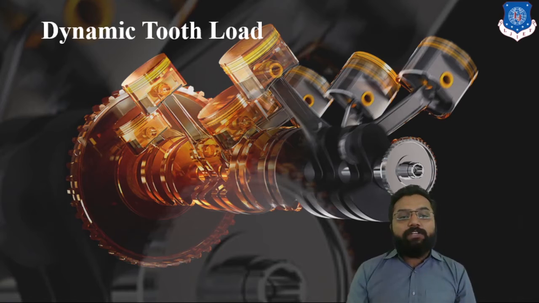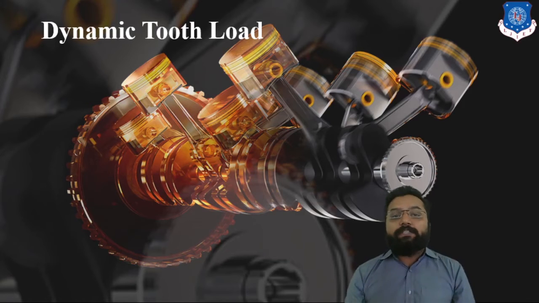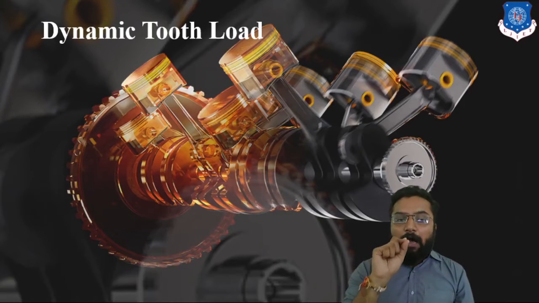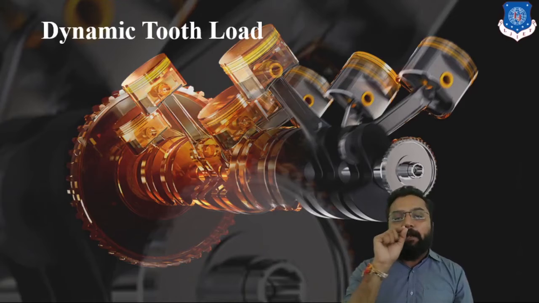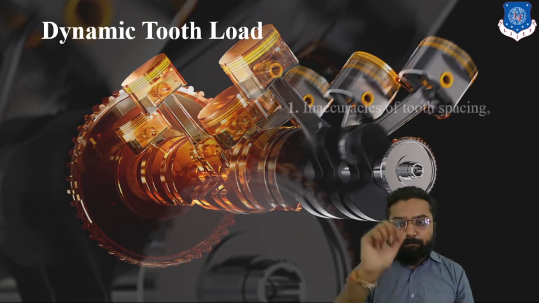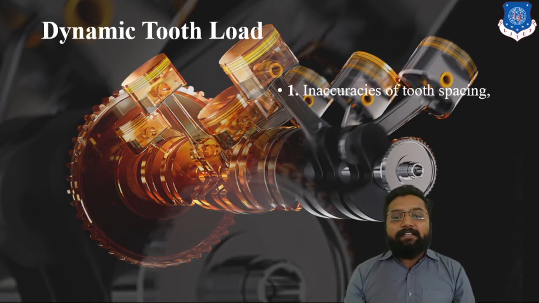The working stress is your real stress, which always acts in working conditions. Clear? It is represented by the multiplication of allowable stress into velocity factor. The second thing is dynamic tooth load.